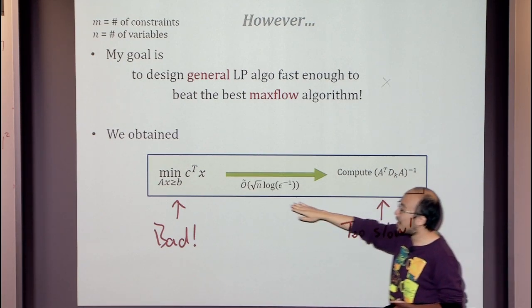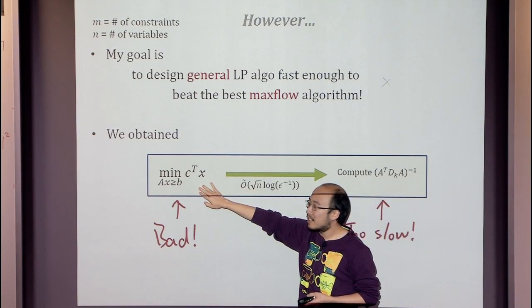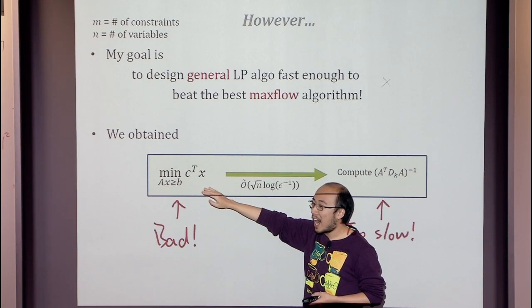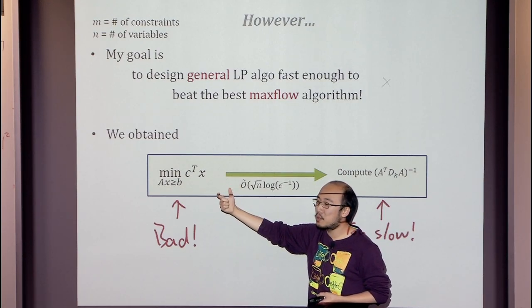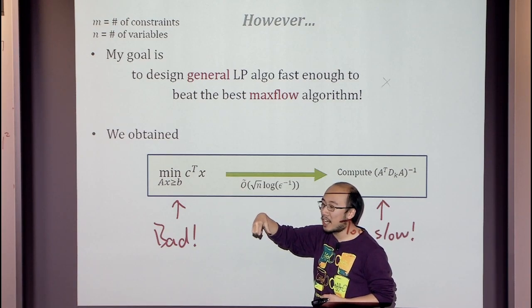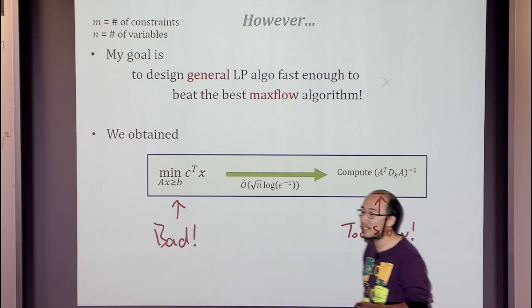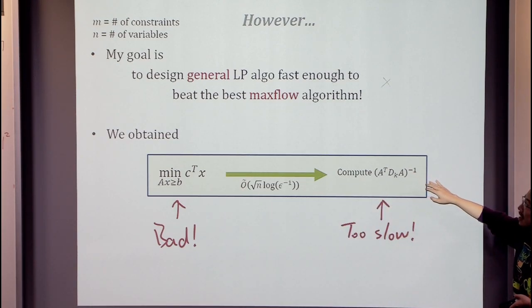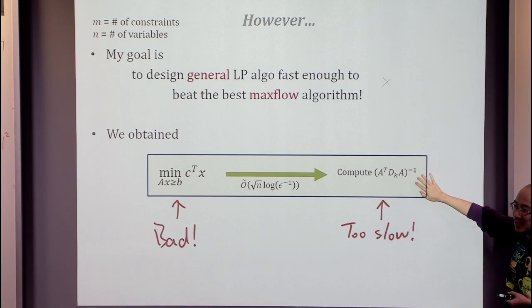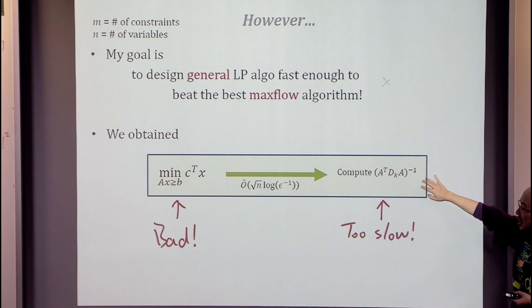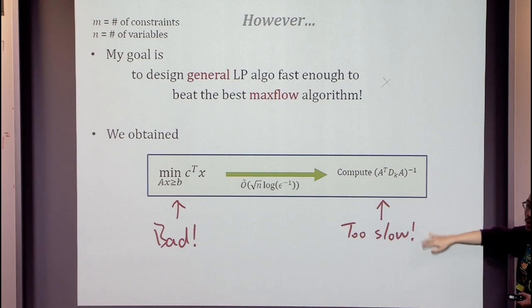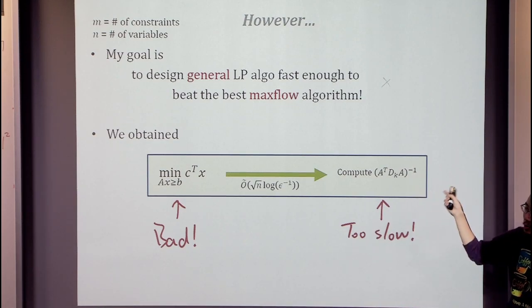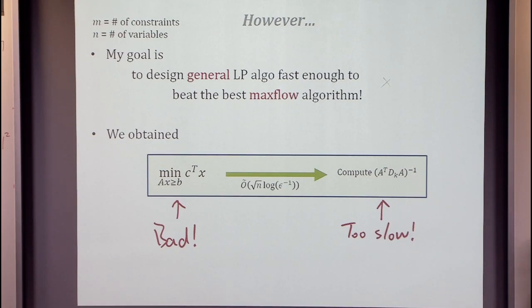First, you cannot write max flow in this way with only n variables, because you need a variable for each edge, so there are m variables. Also, if you look carefully, when you compute the leverage score, you need to compute a matrix like that, and this is too slow for graph problems. So in the next talk, everyone will talk about how to fix those two problems. Thank you.